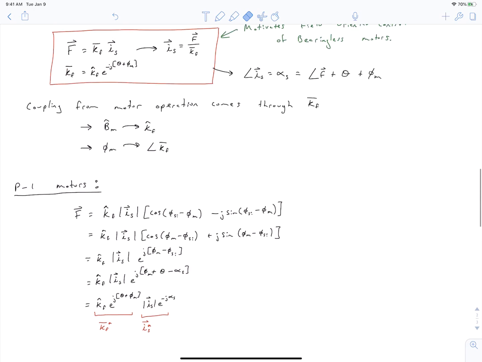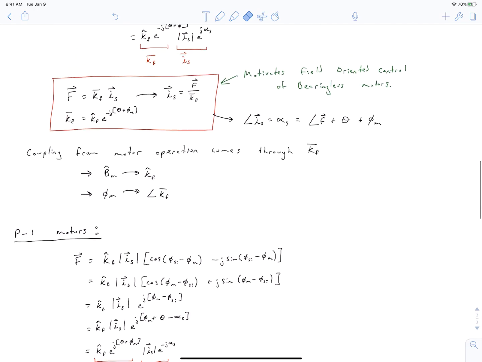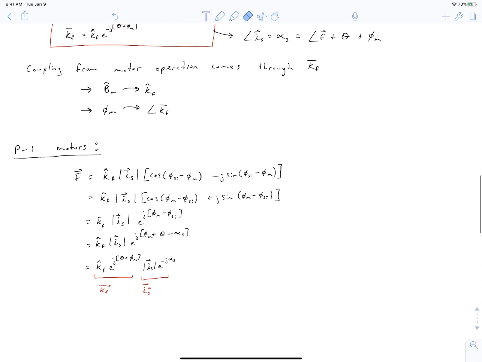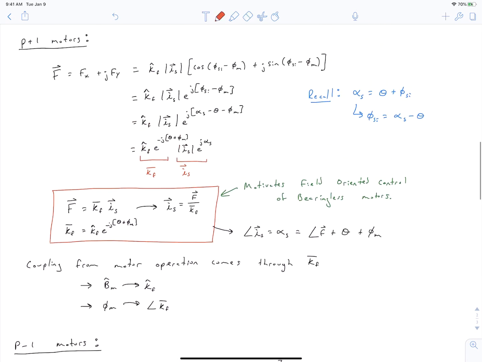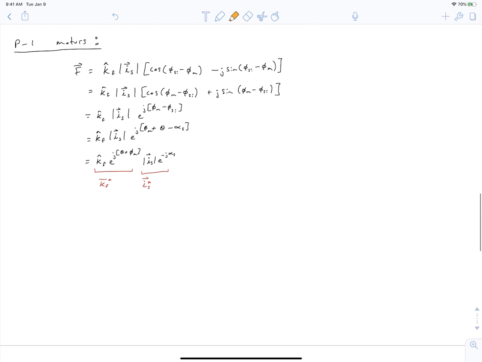What you see from this is that we essentially end up with the conjugate of what we had previously. So in this expression up here, note that the angle of our Kf goes by a negative theta plus phi m. And of course, the angle of our current space vector goes by alpha s. Now, in our new expression, the angles are reversed. So here, the angle of this term is positive, and the angle of this term is negative.